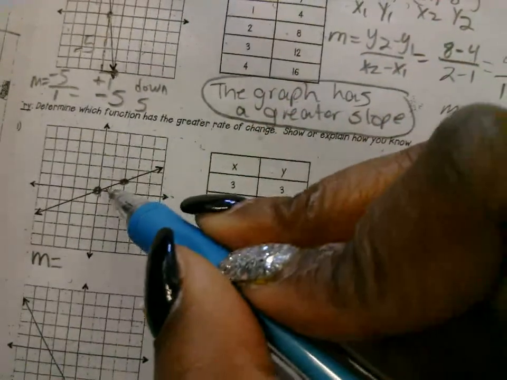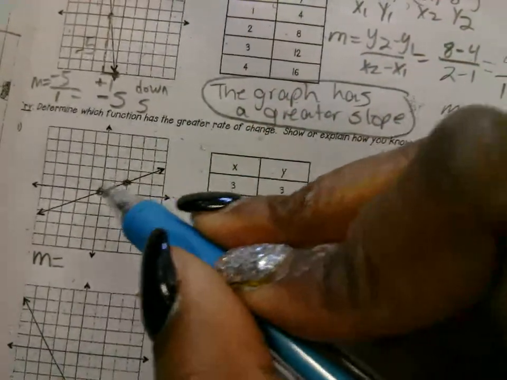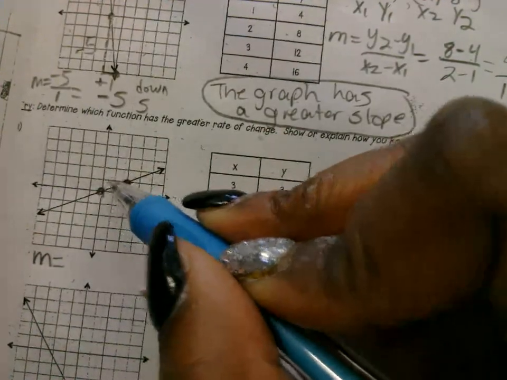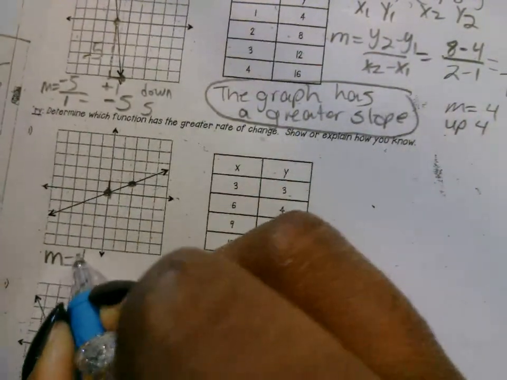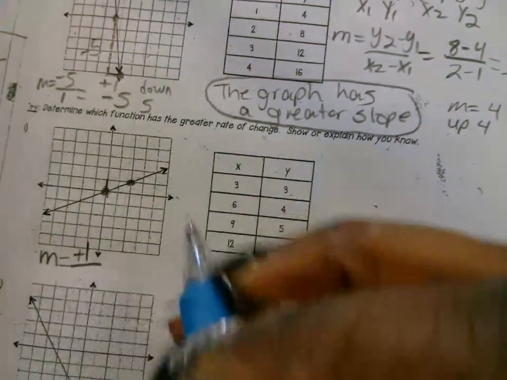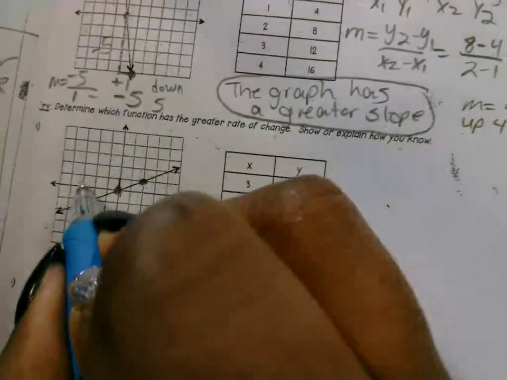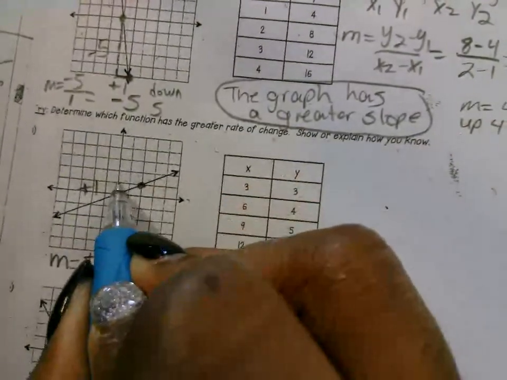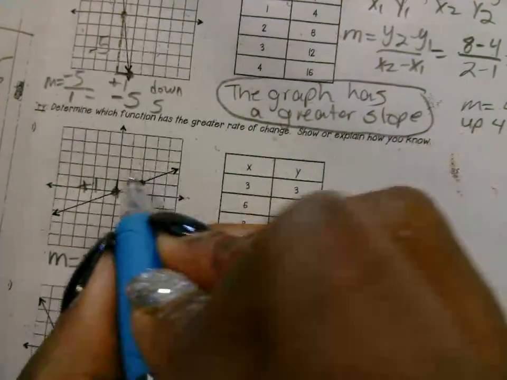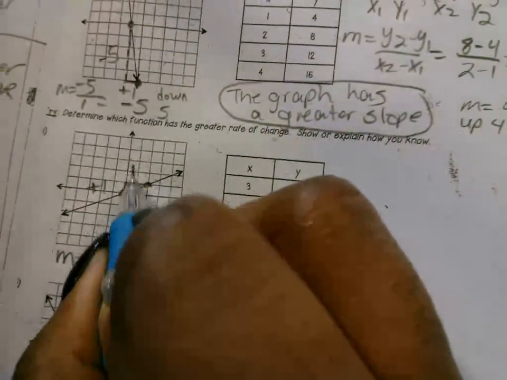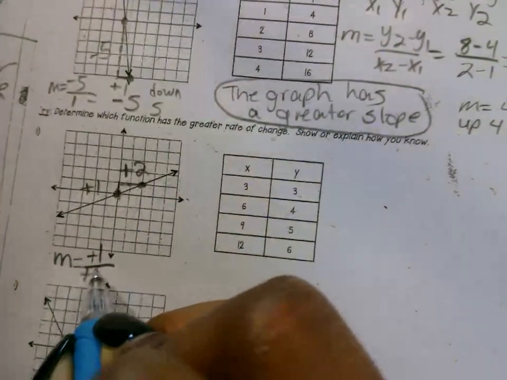When I count rise over run, I'm going from this point to this point. How far do I have to go up to get to this point? Use the grid lines. I go up 1. My top number is a positive 1. How far do I go over to get to that point? 2. My bottom number is a positive 2.